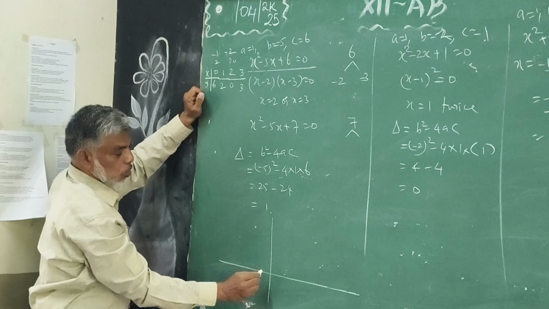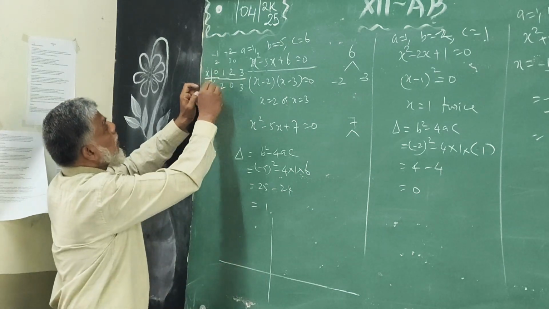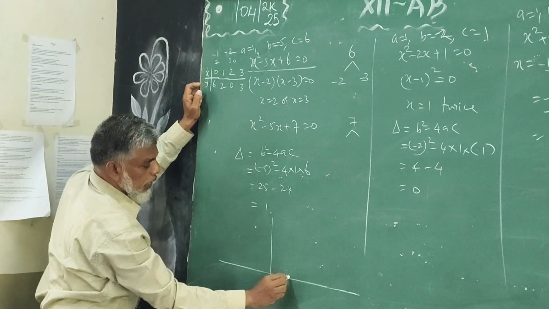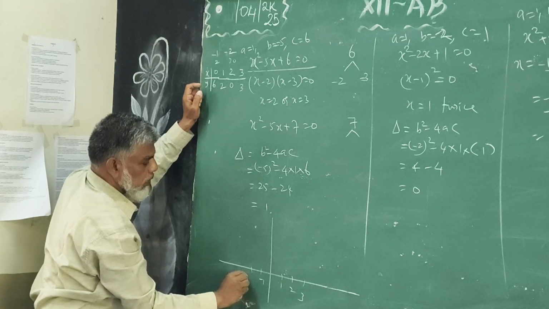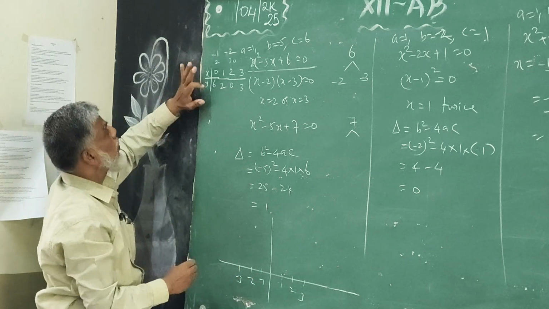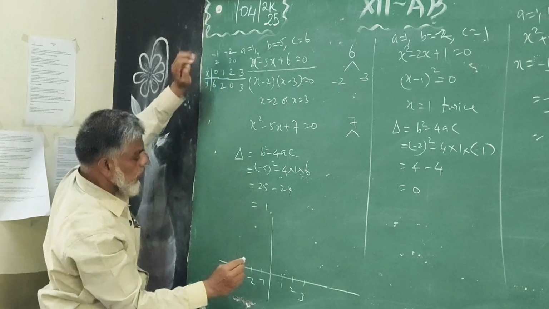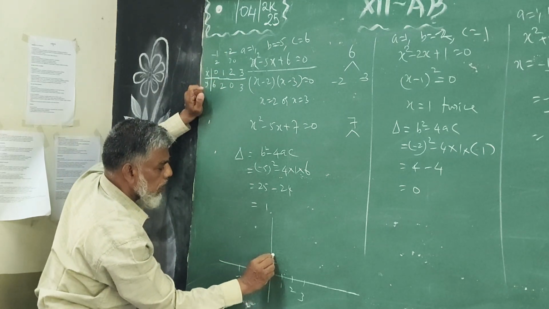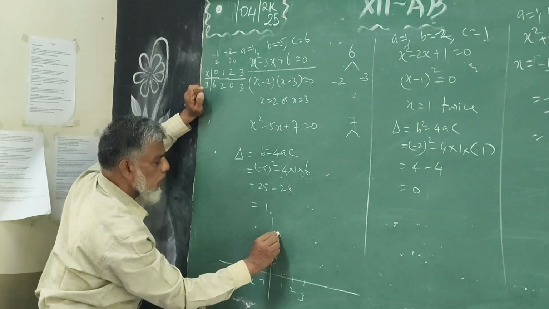Draw this figure. 0, 6. What is the maximum value? The x values are minus 1, 1, 2, 3, and the y values go up to 20, so mark 5, 10, 15, 20.